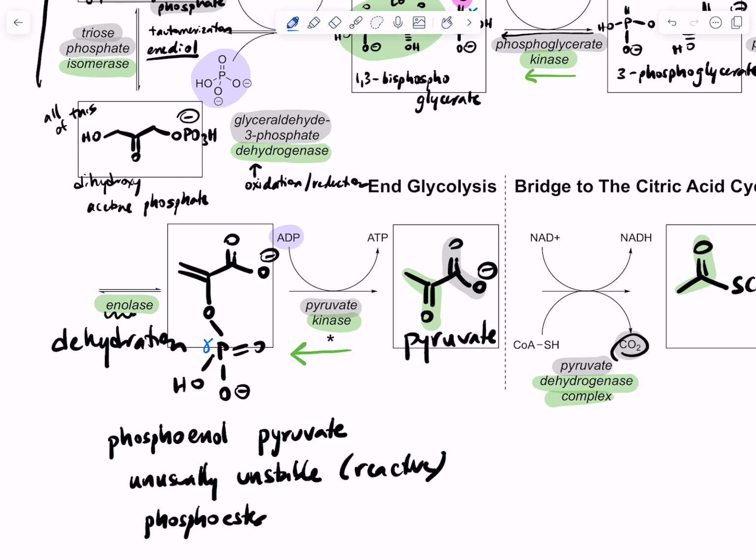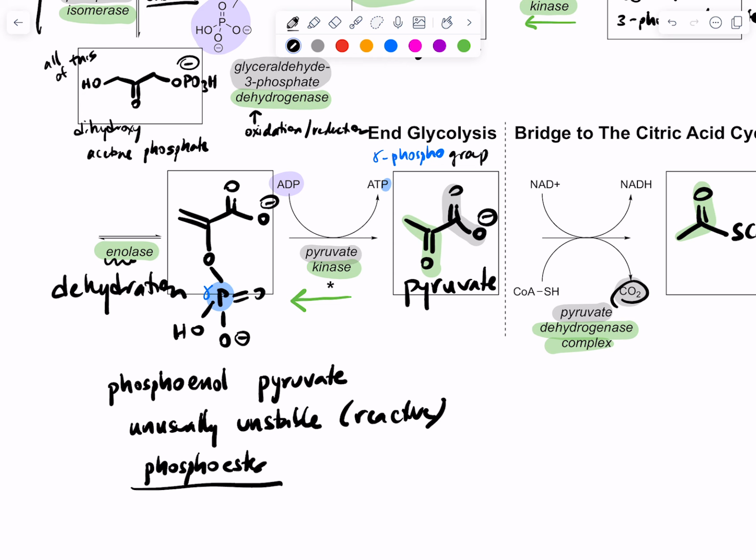Again, this phosphoryl group that's involved in this unusually reactive phosphoester ends up as the gamma phosphate of ATP. And so you're going from a phosphoester to a phosphoanhydride.